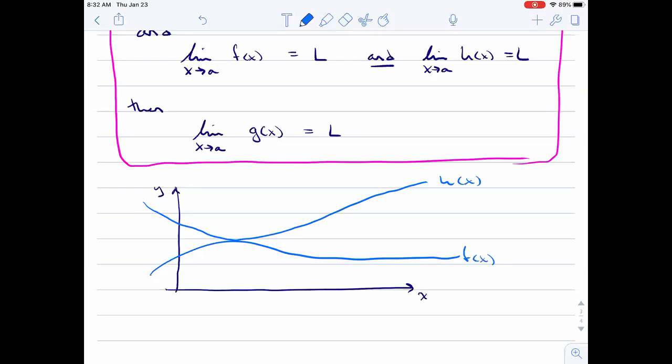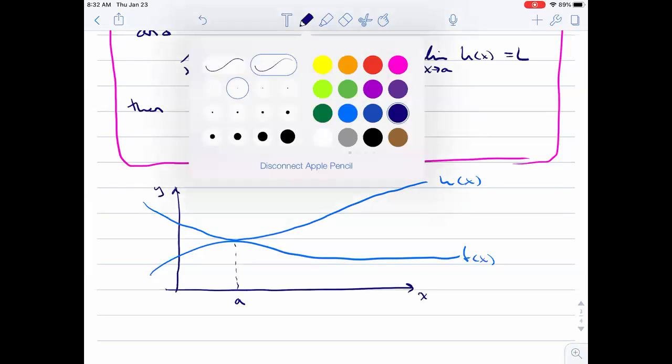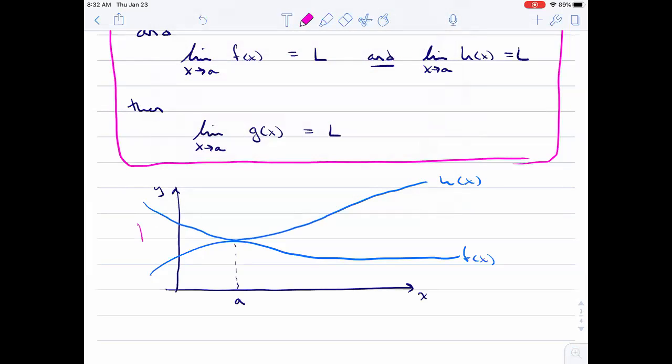That's h of x at some value as x approaches a. Then if we've got some function that kind of looks like whoop, whoop, let's call it g of x. It's squeezed between f and h, and so it has to have the same limit, L.